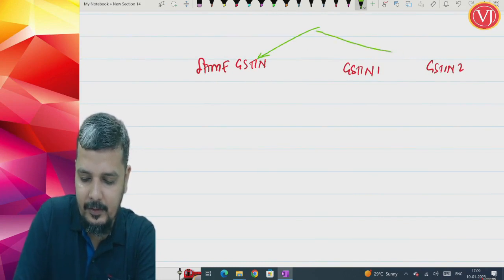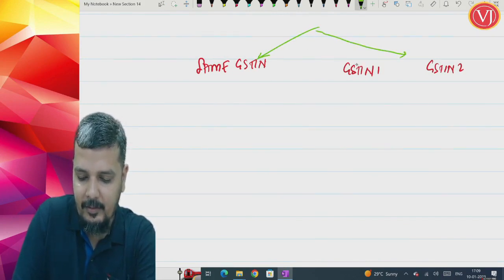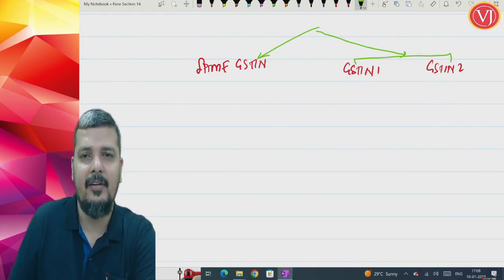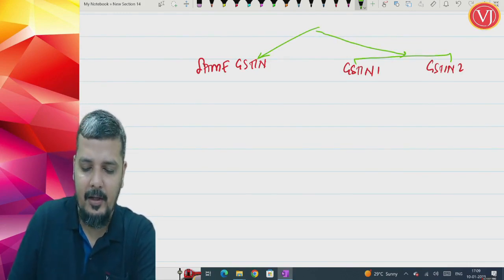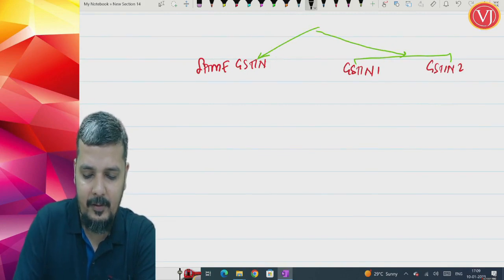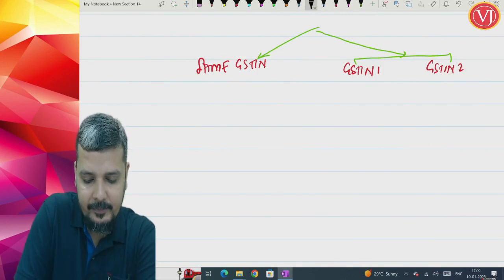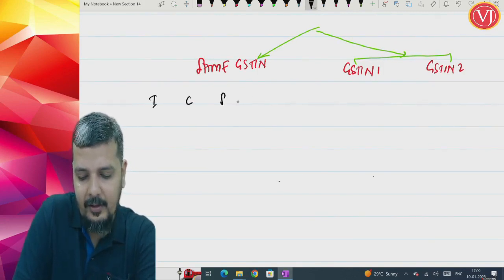If it is in the same GST number, then you can transfer from any head to any head. How many major heads do you have? You have 4 major heads: IGST, CGST, SGST or UTGST, and compensation cess.